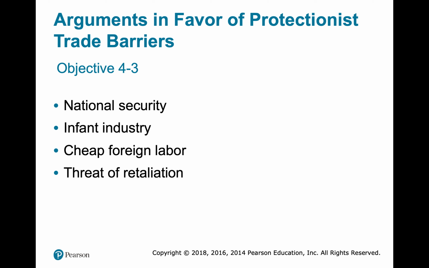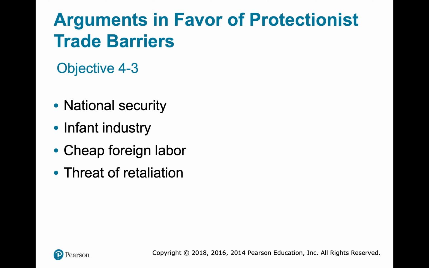Okay? Then there is the cheap foreign labor argument. This argument centers on the sometimes significantly lower wages paid to workers of foreign companies. Lastly, there is the threat of retaliation, also known as the bargaining chip argument.